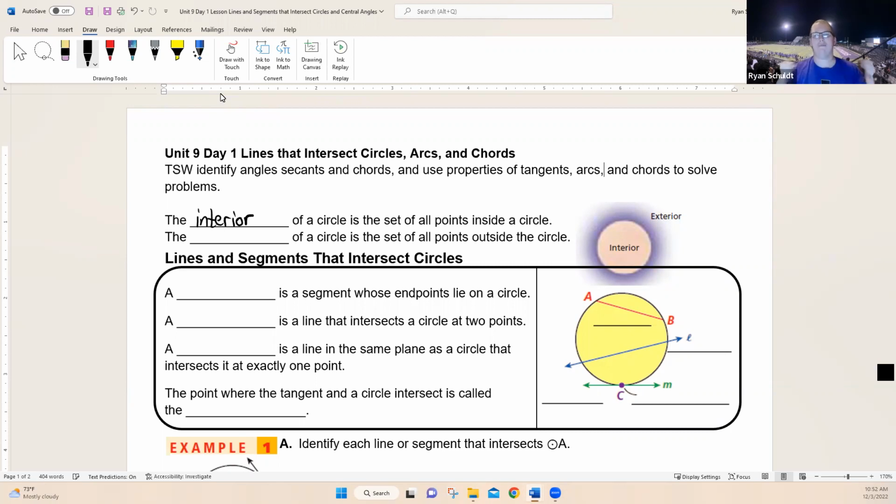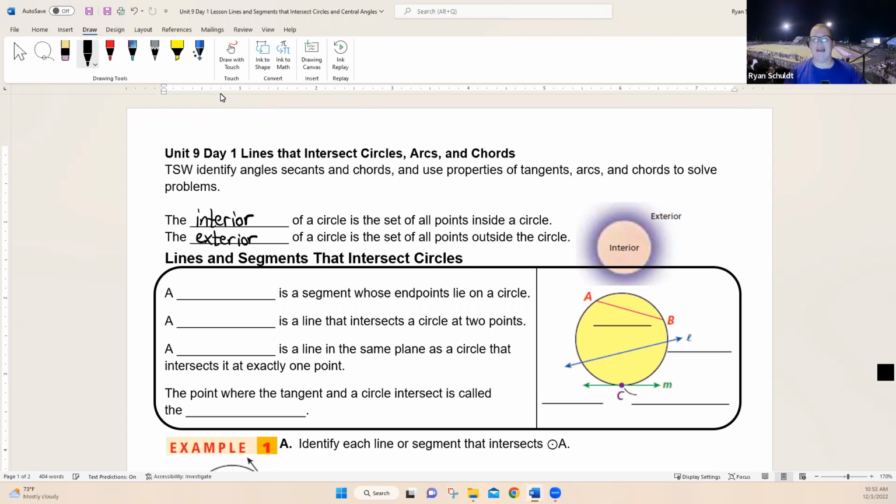The interior of the house is everything inside the house. The exterior of the circle is all points outside that circle. So if you exit your house, everything that's on the exterior of your house is outside.